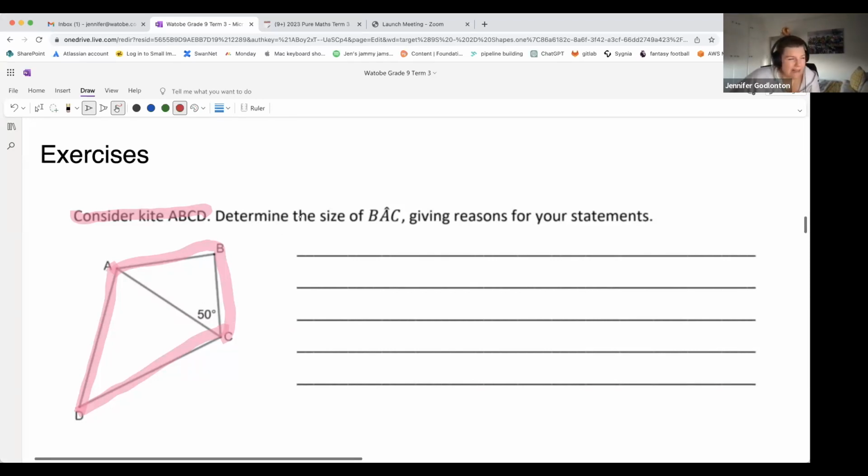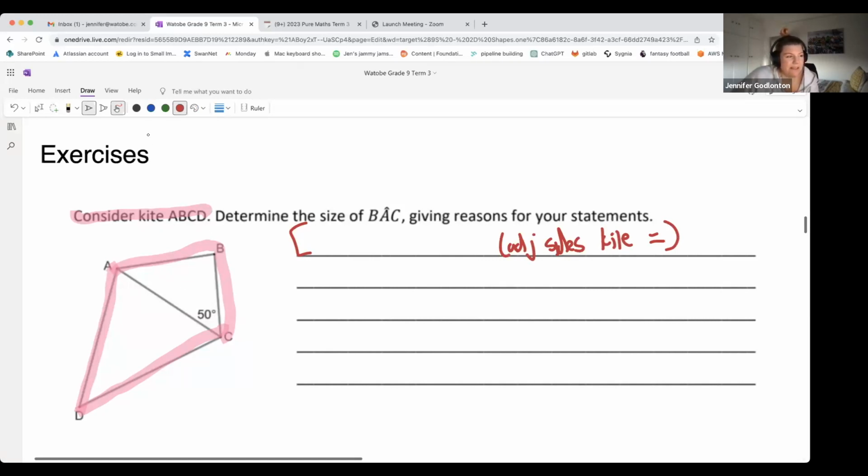Okay, how could we write that as a mathematical sentence? Because we're going to need to put it over here. Yes, we can put that as our reason: adjacent sides of a kite are equal.